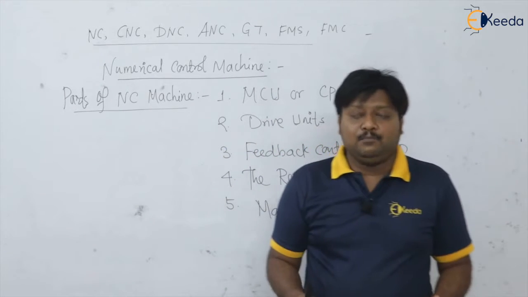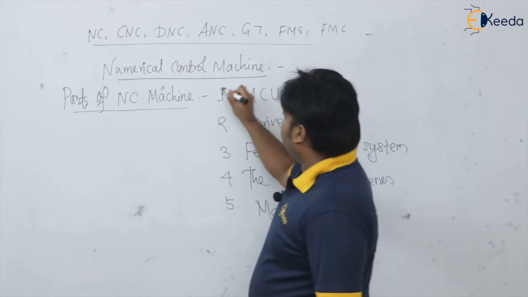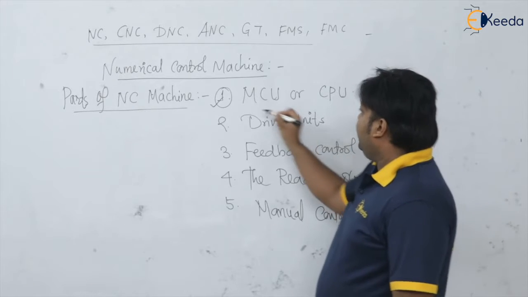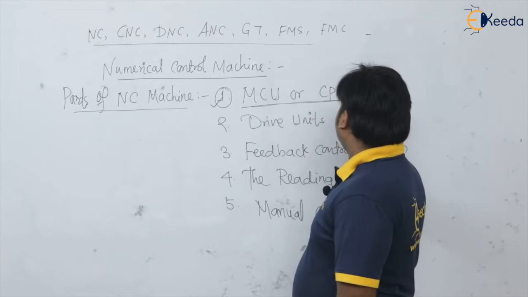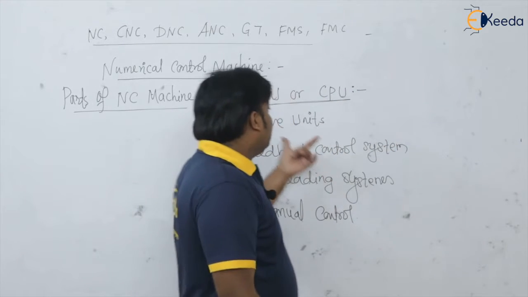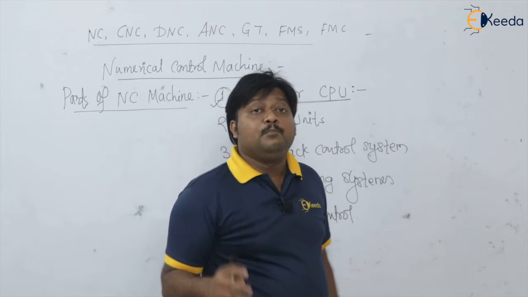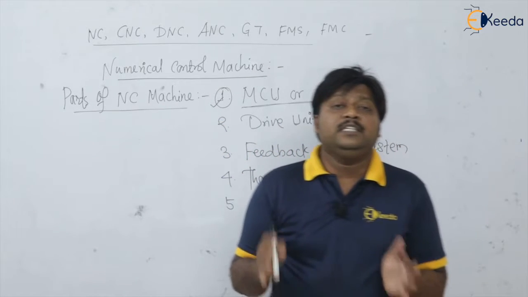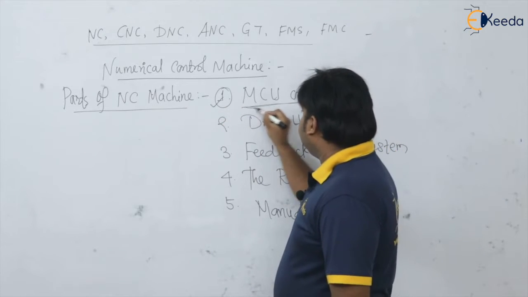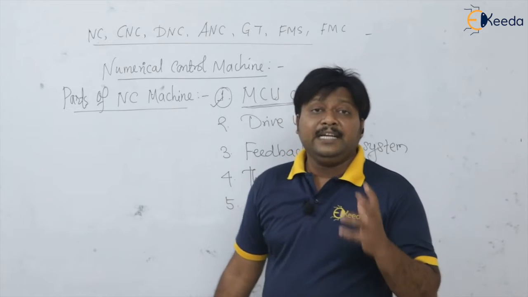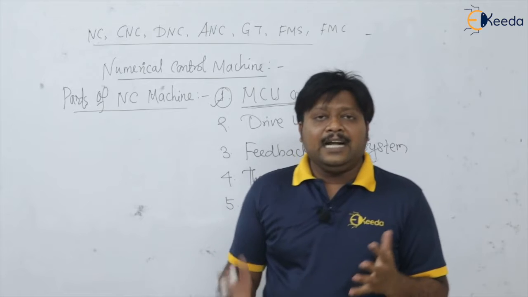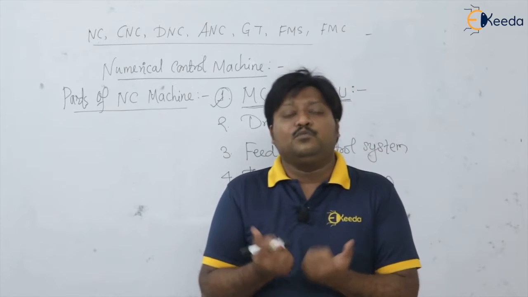Of these parts, we are going to discuss the MCU in this video. So what is MCU? Machine control unit. What is it doing? It is behaving like the brain of the human being, the mastermind. How? It takes the information from the input systems.